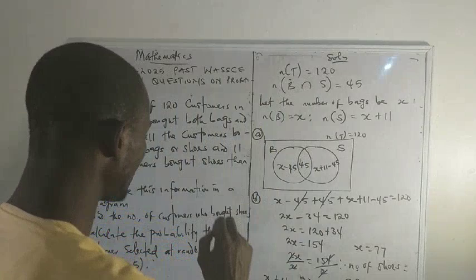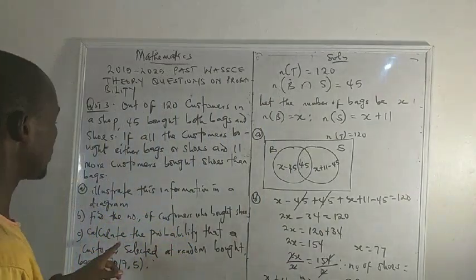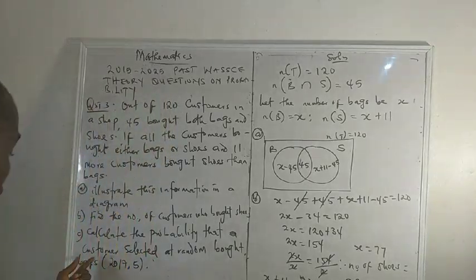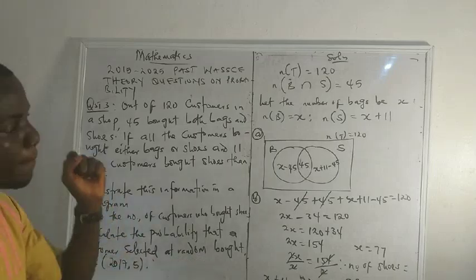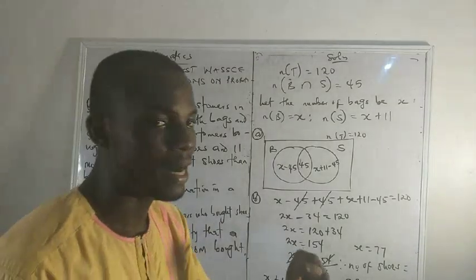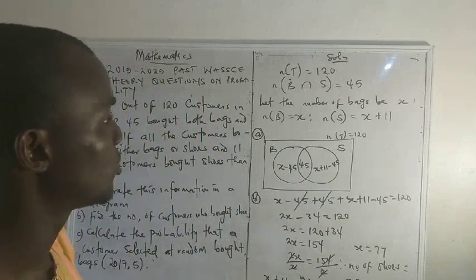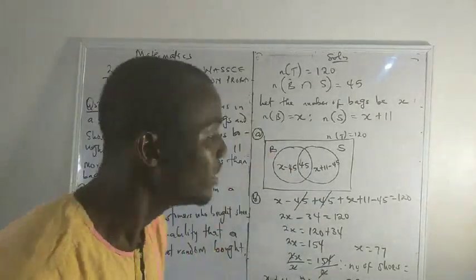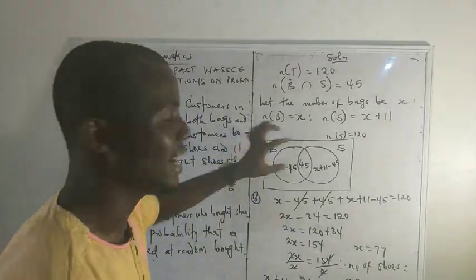Now, the next question is, we should calculate the probability that a customer selected at random bought bags. Again, they did not say bought bags only. They said bought bags.